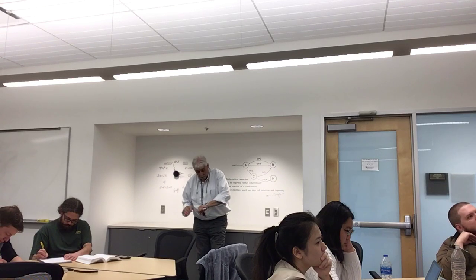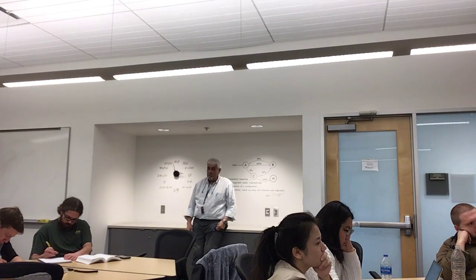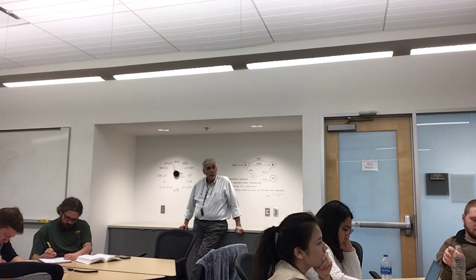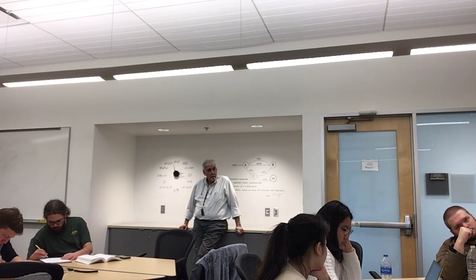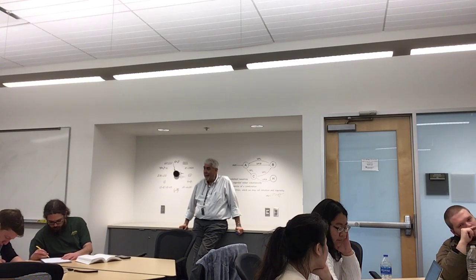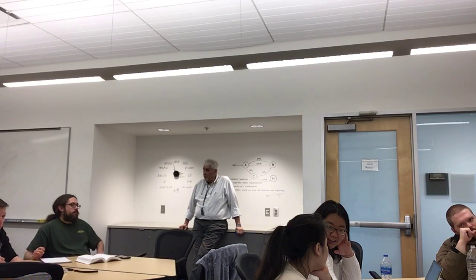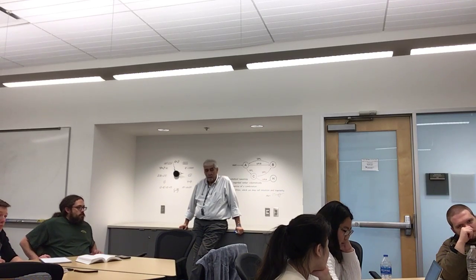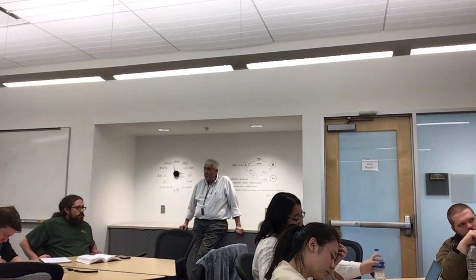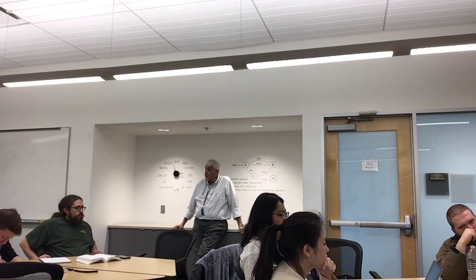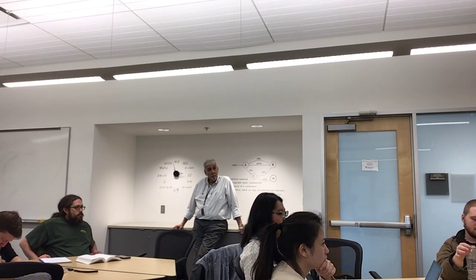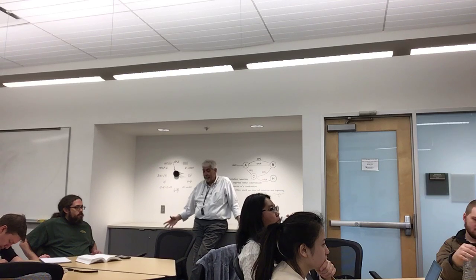Just to torture you a little bit longer, let's take Kn. Let's look at K5. What's the minimum number of vertices that I have to remove to disconnect the graph?